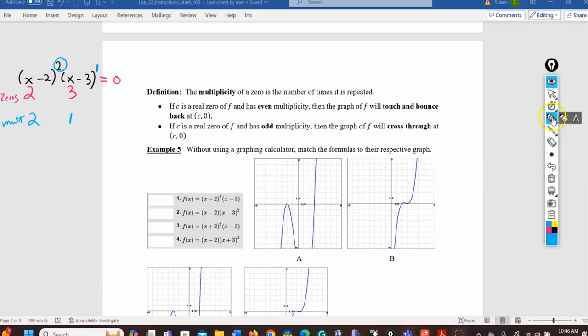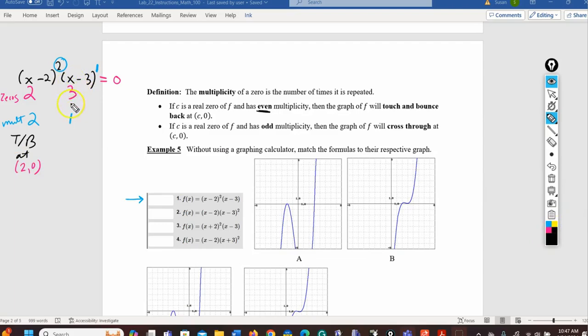Okay, so with the first one, 2 is a zero of even multiplicity. So if it has even multiplicity, the graph will touch and bounce back at 2, 0.